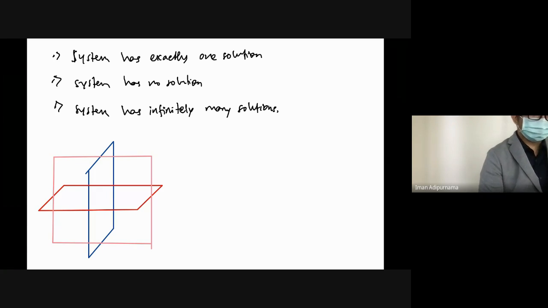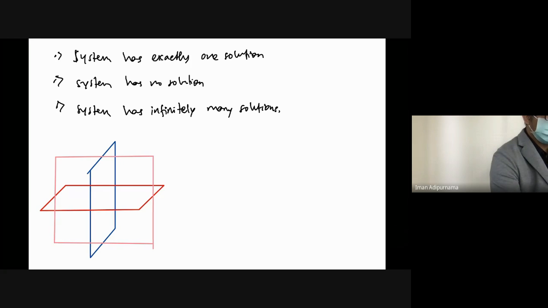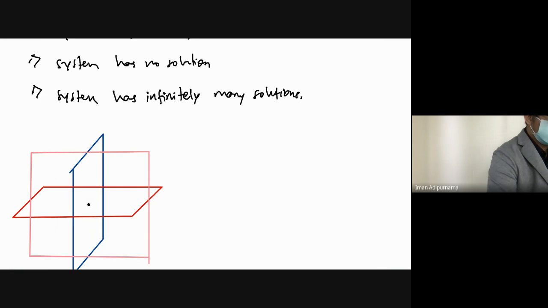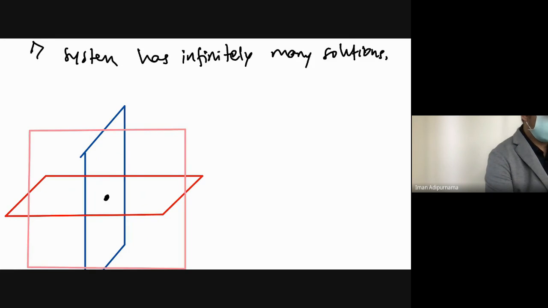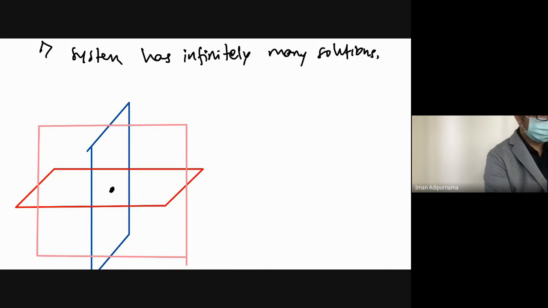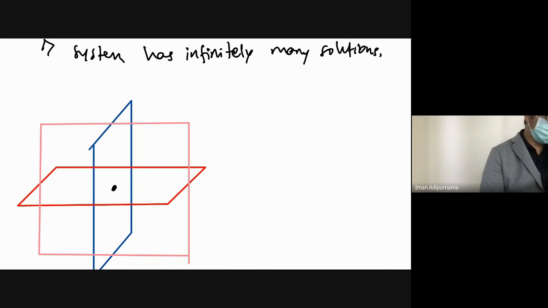Okay. So this is the system of one solution. So they will intersect at this point in the middle. Okay, so imagine you have a 3 plane equation here. So first is this square here, the square with the pink curve. And the second one is the blue curve that is vertical. The third one is the red curve. Okay? It will intersect at exactly 1 point.